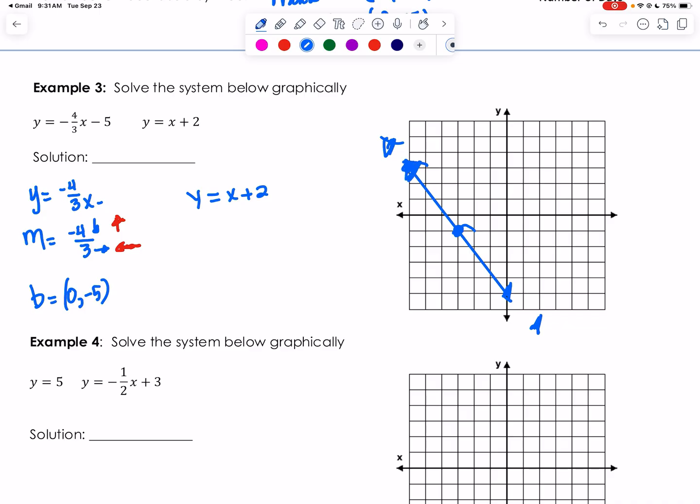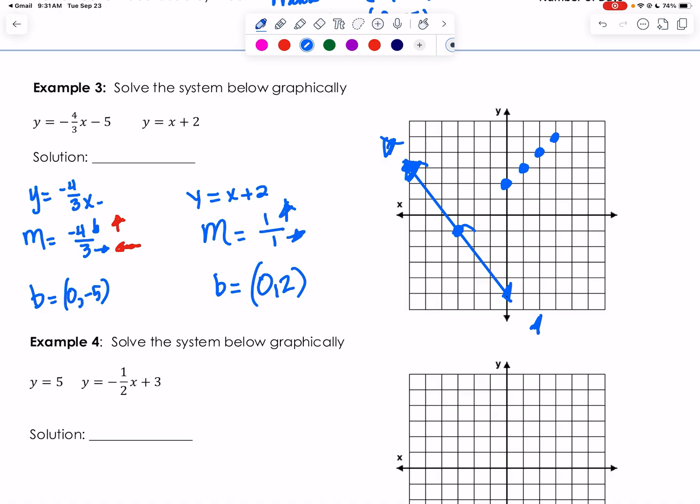Okay, all right, so for my next line, my slope is positive 1. I need to write it as a fraction. My y-intercept is 0, positive 2. So I'm starting at positive 2, and I'm going up 1 to the right 1.